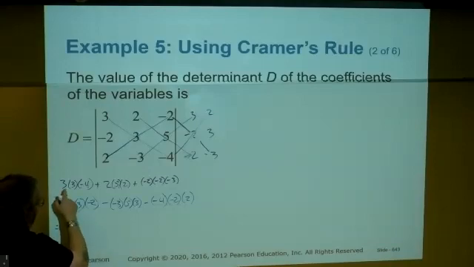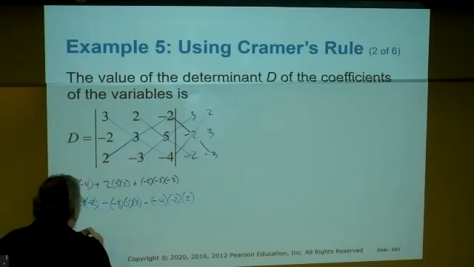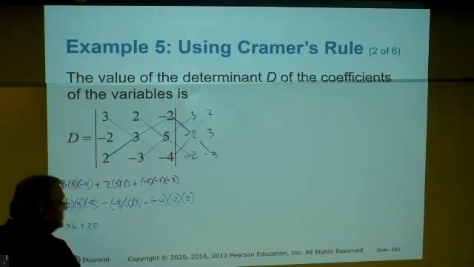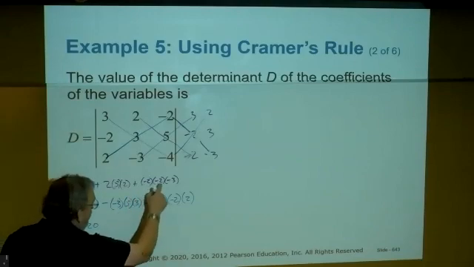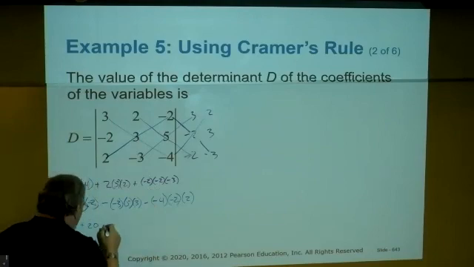So negative 3 times 4 is a negative 36. Did I do that right? Yes, I did. Plus, what is that, 20? And then negative 2 times negative 2 times negative 3 is a negative 12. Right? 2 times 2 is 4, and 4 times 3 is 12.